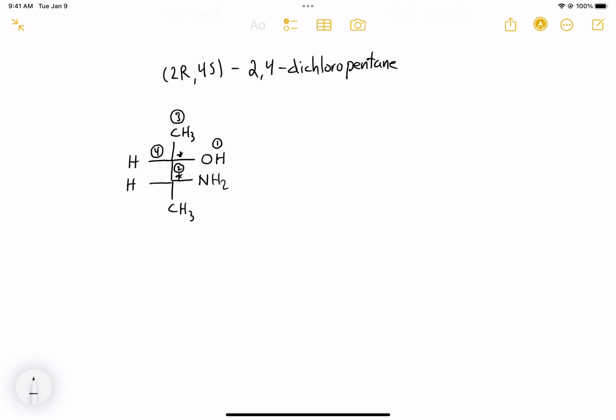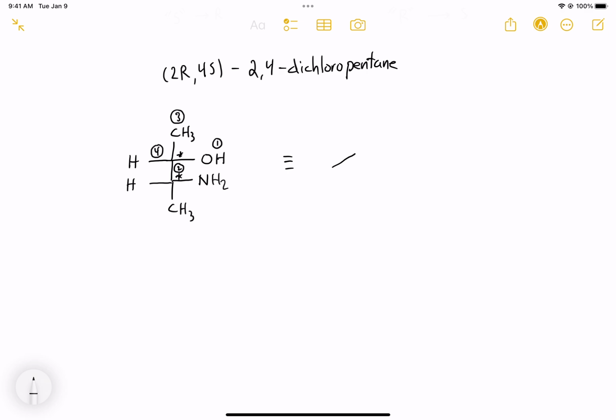So let's see here. What's the best way to do this? You could translate it to the bond line form. But how would that go? All right, let me see if I can do it.